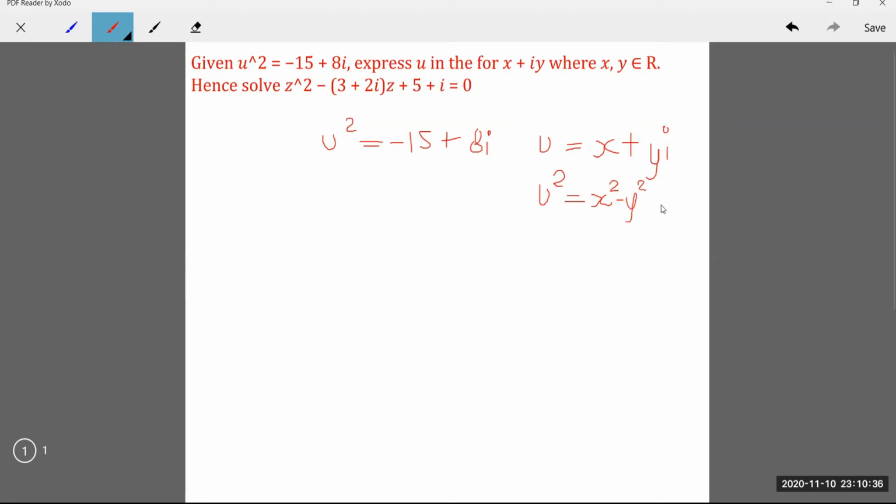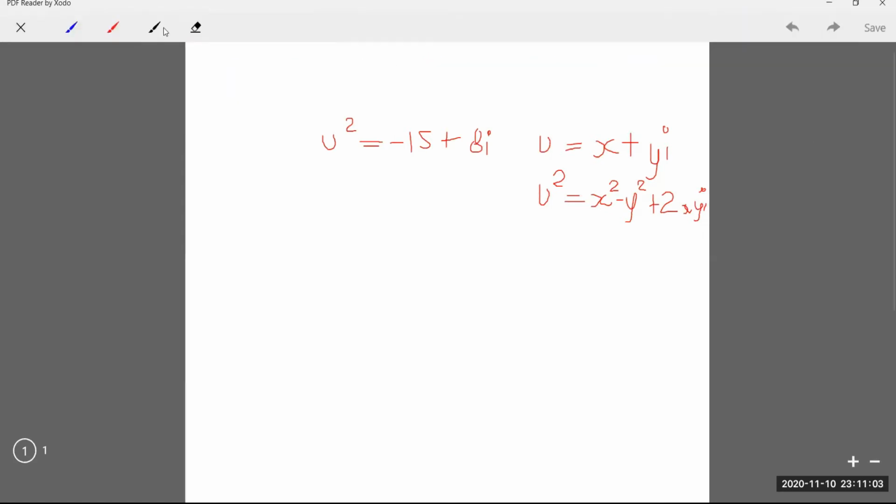That would be u squared. So now we have this as u squared and this as u squared: u squared is negative 15 plus 8i and u squared is x squared minus y squared plus 2xyi. Only thing we need to do now is equate them. That makes sense, right? Yes, sir. Because u squared equals u squared.